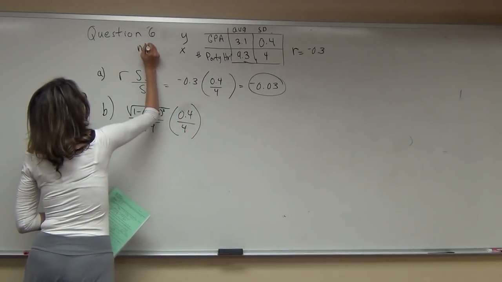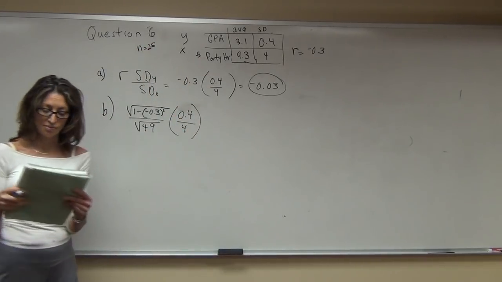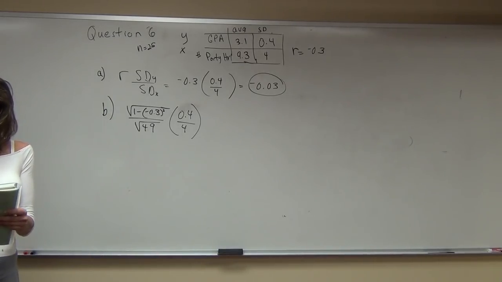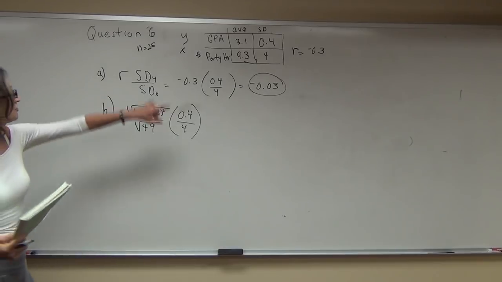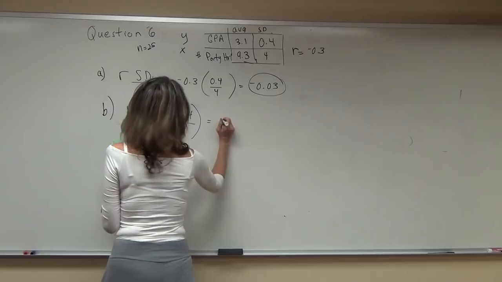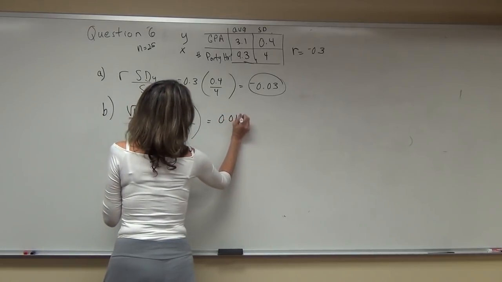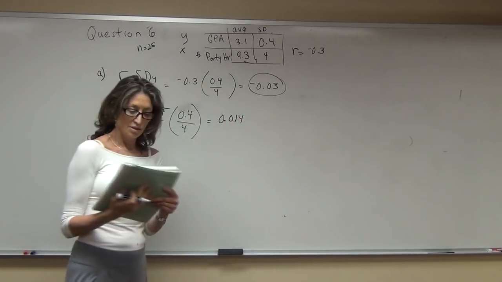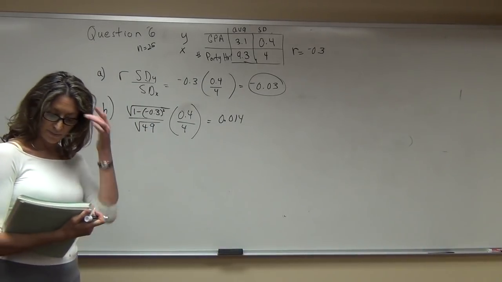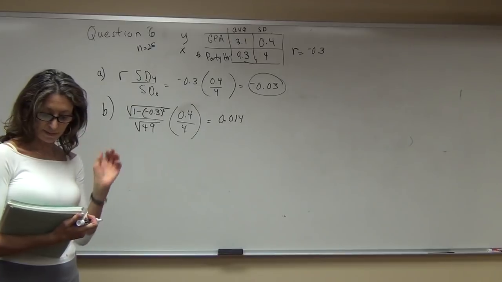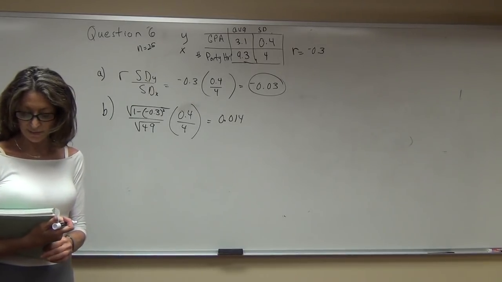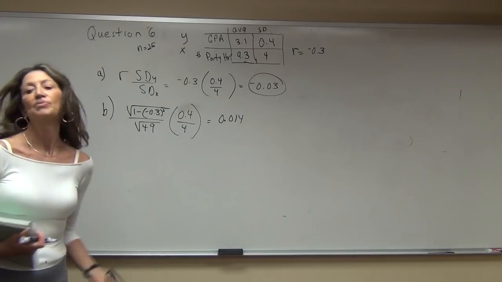So you had a sample of 25 randomly chosen from a much larger population. Which of the following assumptions is not needed for this standard error to be valid? And we got this standard error of 0.014 points per party hour. So which of the following assumptions is not needed?